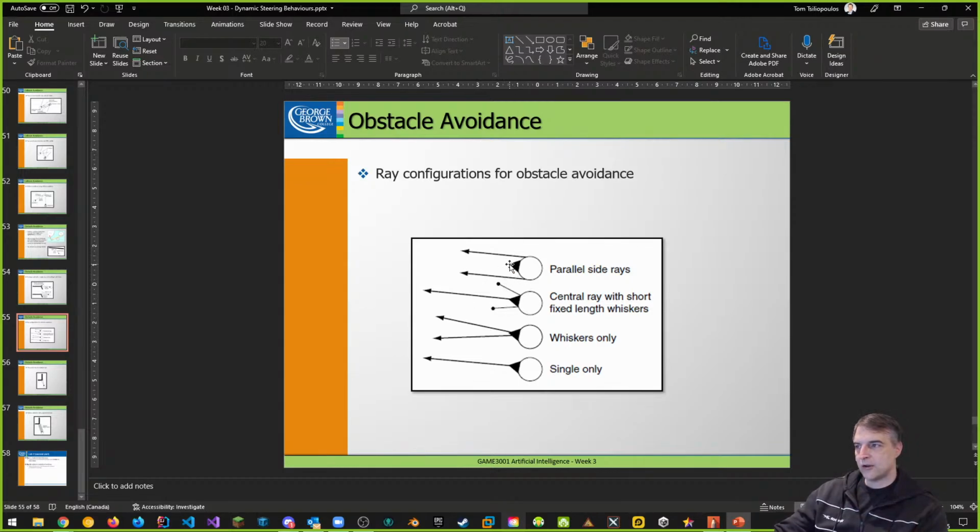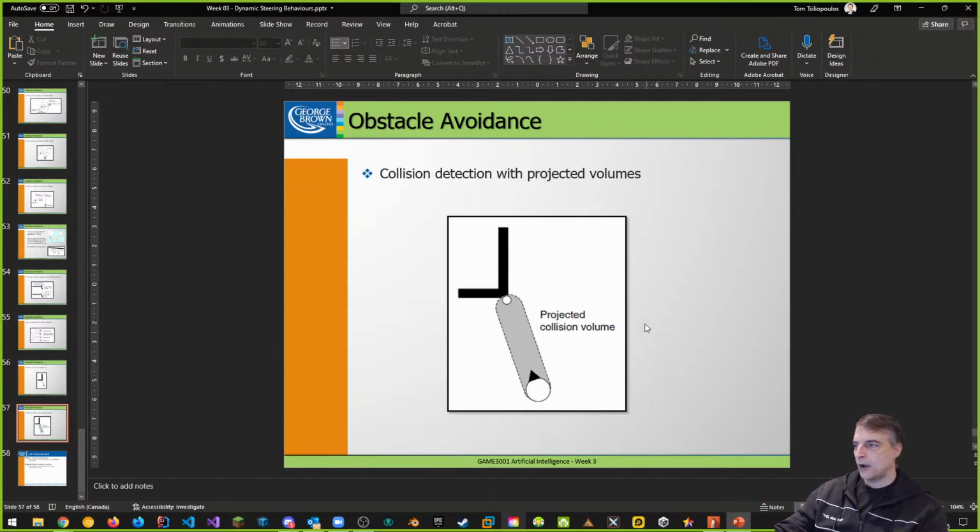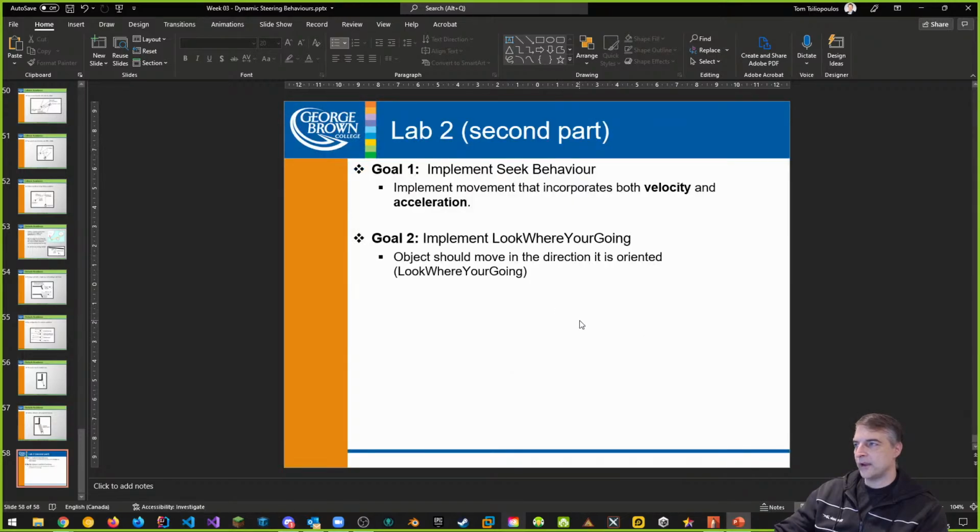You can use the secondary ray, the one on the right or the left, to make sure that you miss. You move out, adjust your speed, and turn as much as possible to avoid collision. All right, so those are the things we've talked about with obstacle avoidance.